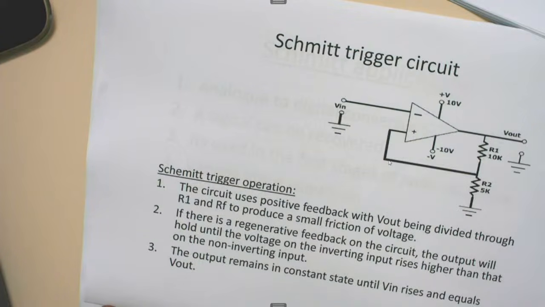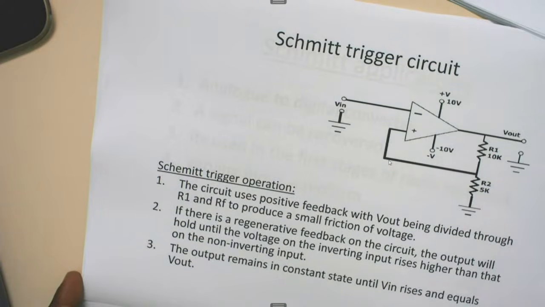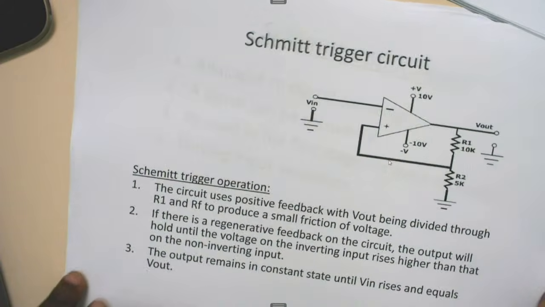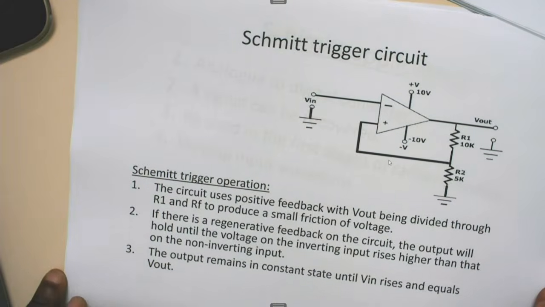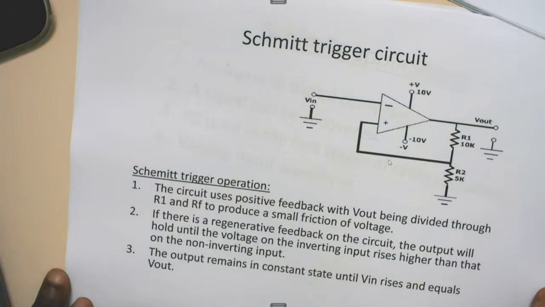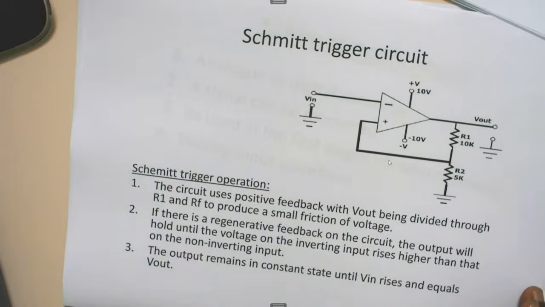With this feedback on the circuit, the output will hold until the voltage on the inverting input rises higher than that on the non-inverting input. The output remains in a constant state until V in rises and equals V out. This is the operation of our Schmitt trigger circuit.